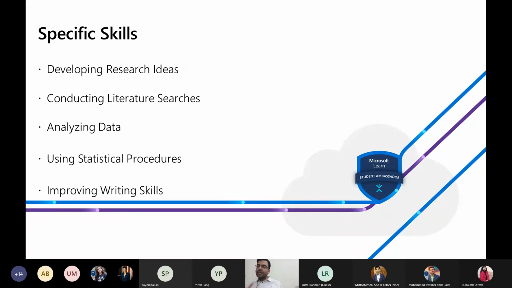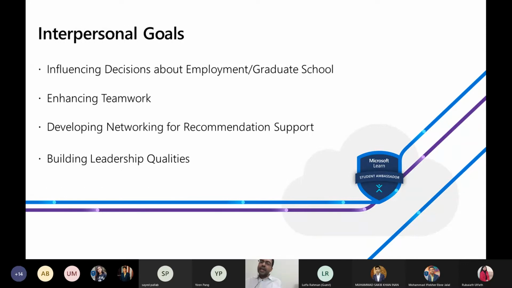But these are the outcomes that are more personal. For example, why am I doing research, or why am I publishing papers? So that I will be a better candidate during my master's application.